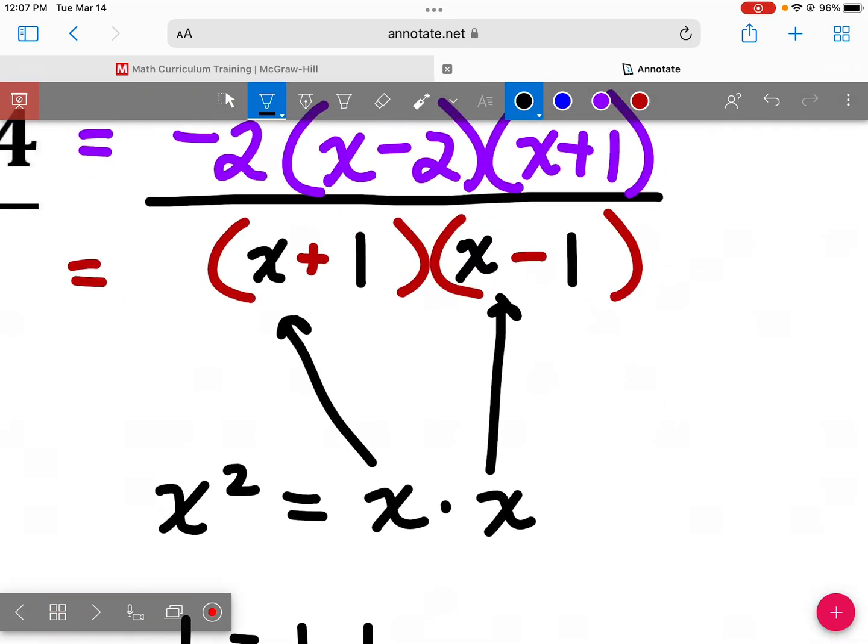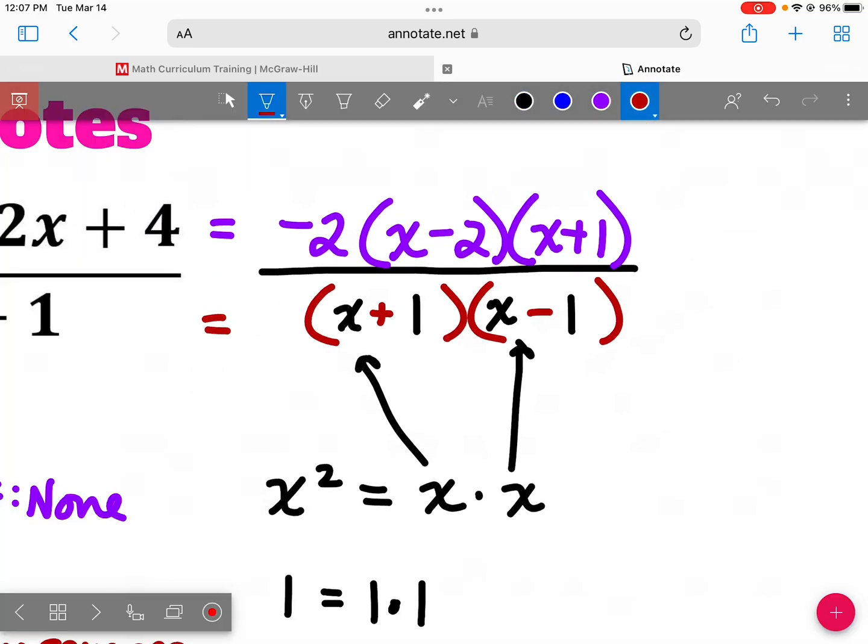Right here. If you used an area model, did you get the same thing? X plus 1 and x minus 1? You can do it either way. They're both valid. Is anything going to cancel? What cancels for us? X plus 1 cancels.